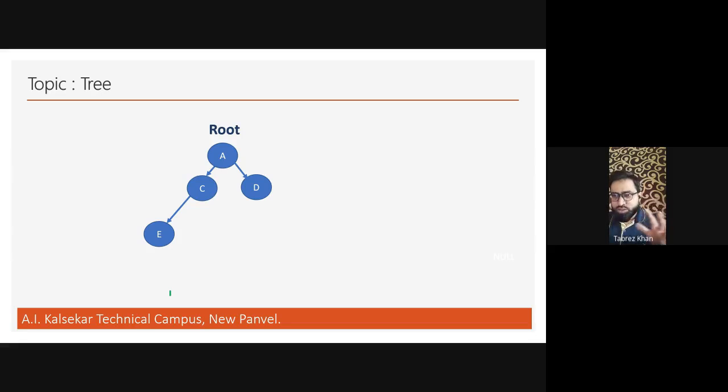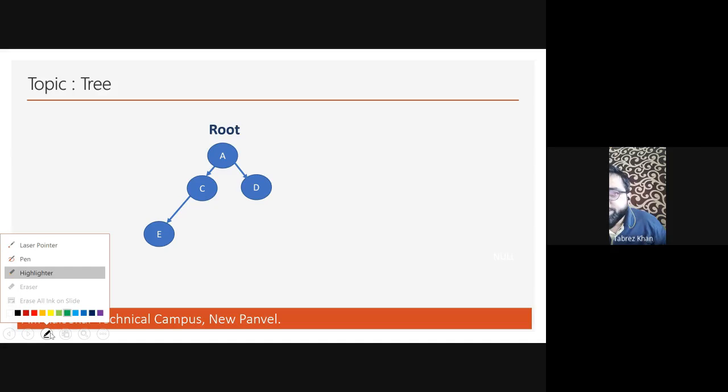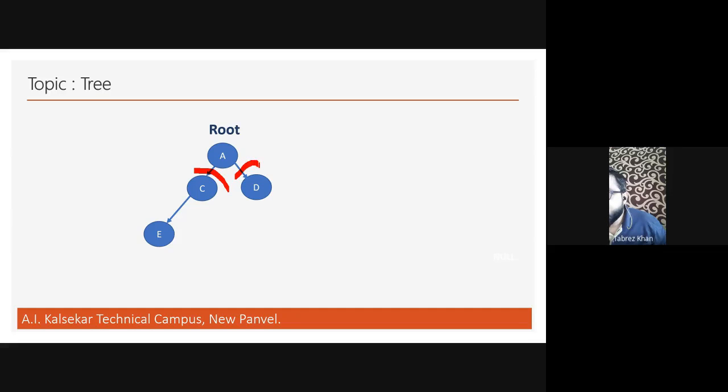The remaining nodes C, D, and E can be further divided or partitioned into n greater than or equal to 0 disjoint sets. It simply means that when A is designated as a root, I can have this as one set T1 and this as another set T2.